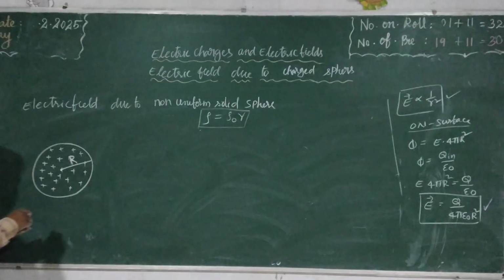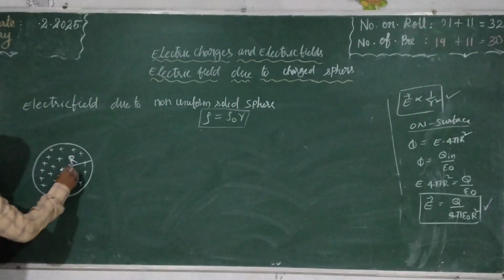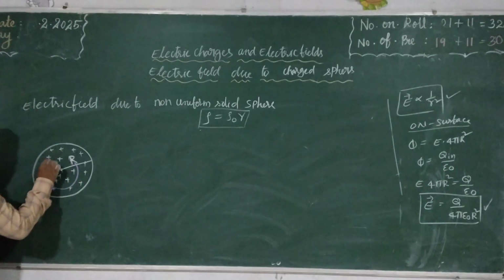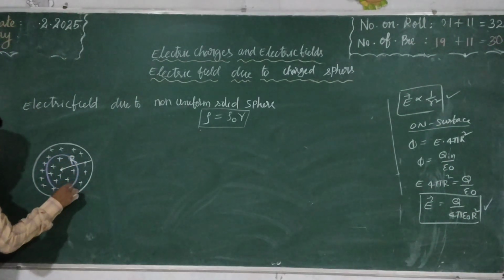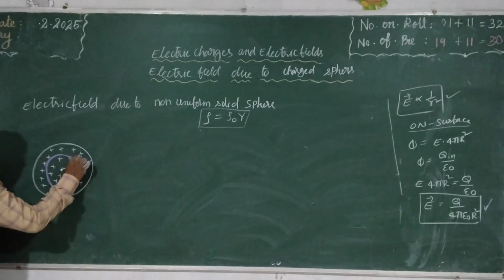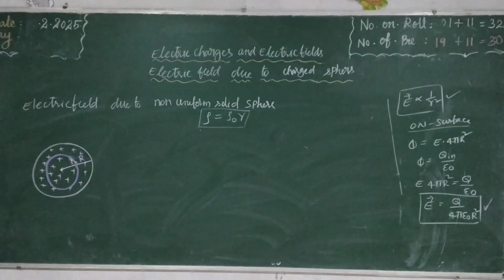In this case, we take a smaller distance from the center. We can draw a Gaussian surface. Here is the radius of the non-uniform solid sphere.